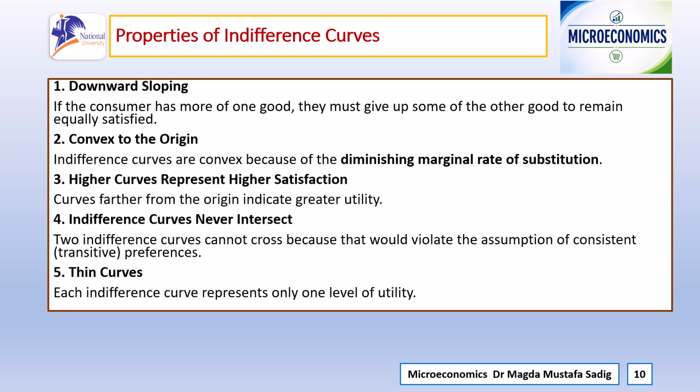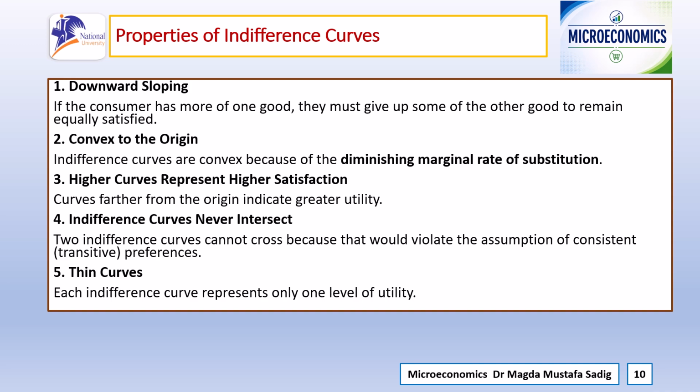Properties of the indifference curve. Understanding these properties helps us interpret consumer behavior correctly. Let us discuss them one by one. The first property is that the indifference curve slopes downward from left to right. Why is this the case?